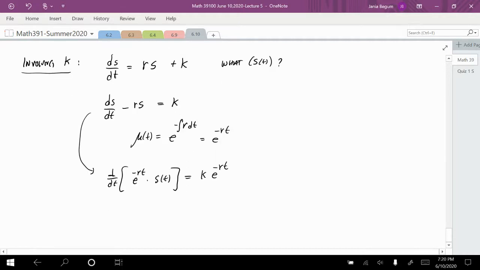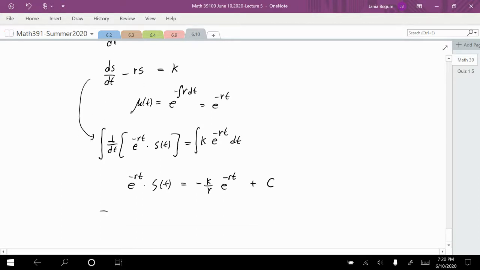Okay, and then by integrating both sides, we have e to the negative rt times s of t is equal to, if I integrate the right side with respect to t, r and k are just constants, so this would give us negative k over r e to the negative rt plus a constant c.